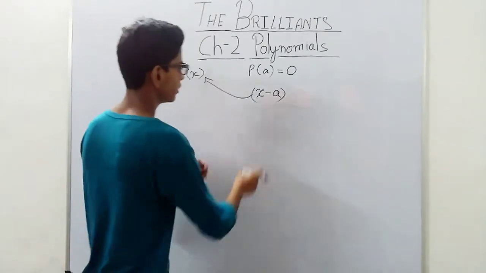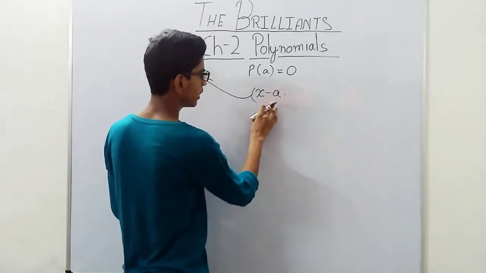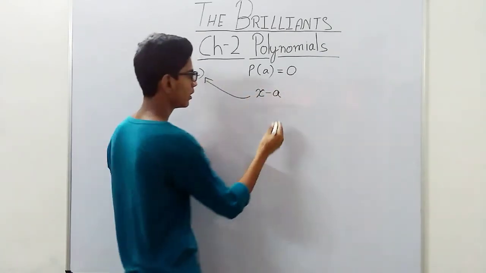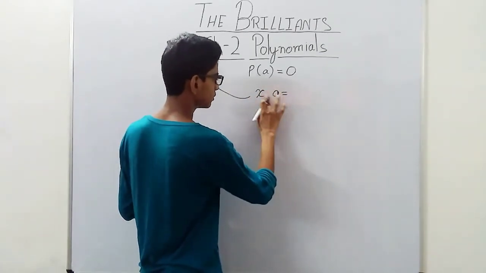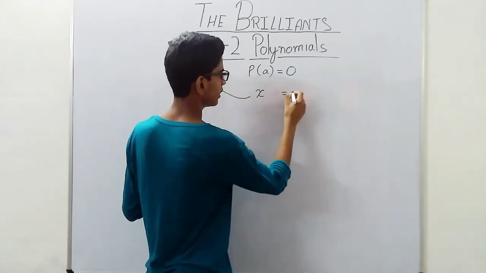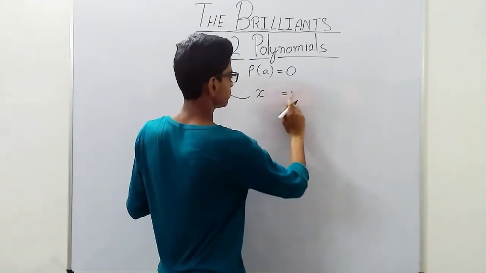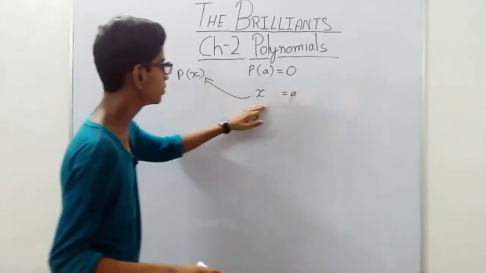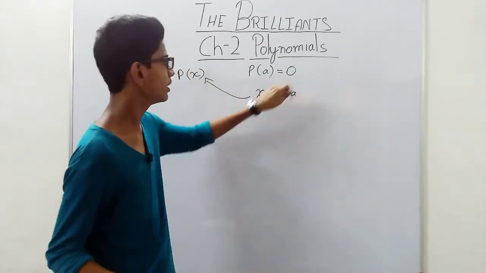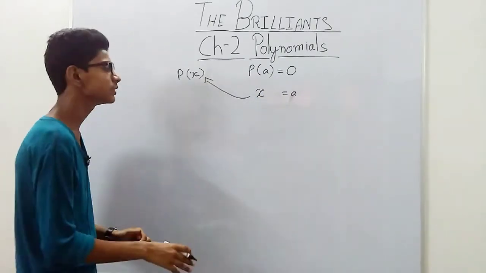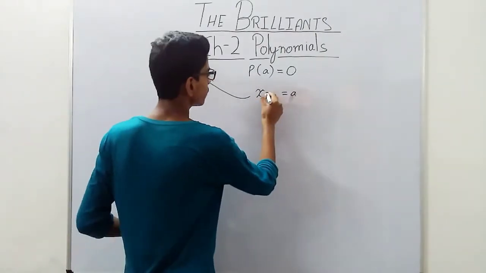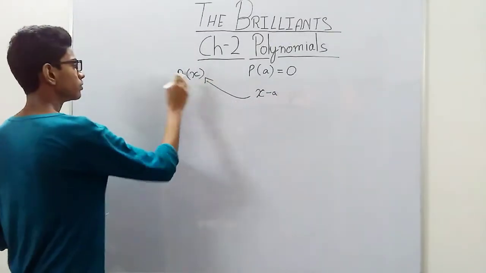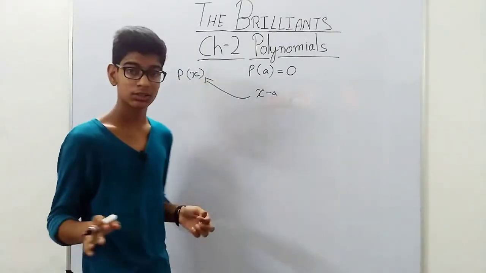And if we find the zero of x minus a, it will be x is equal to a. So we put a everywhere and if it comes 0, it means the number by which we have divided is a factor of the polynomial p(x).